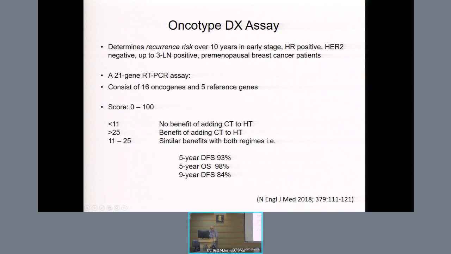If it is more than 20, yes, we should add chemotherapy. In between, they are indeterminate. In 5 years, the disease-free survival is 93%, 5 year overall survival 98%, and 9 year disease-free survival is 84%. So this is available, but this is expensive, and one can avoid giving chemotherapy in an early breast cancer patient.